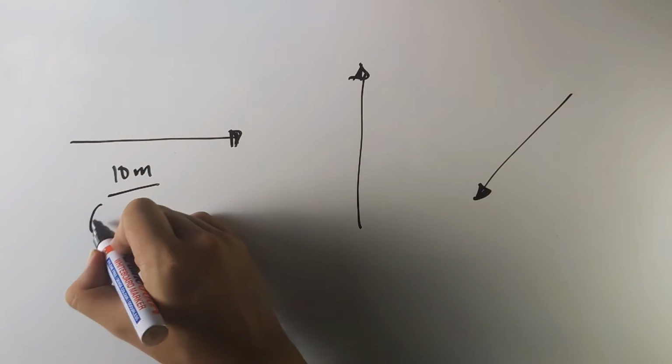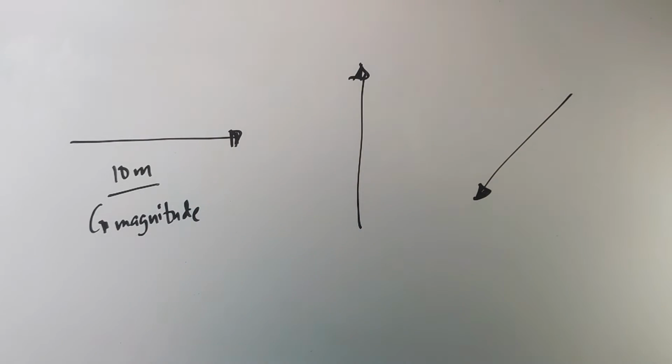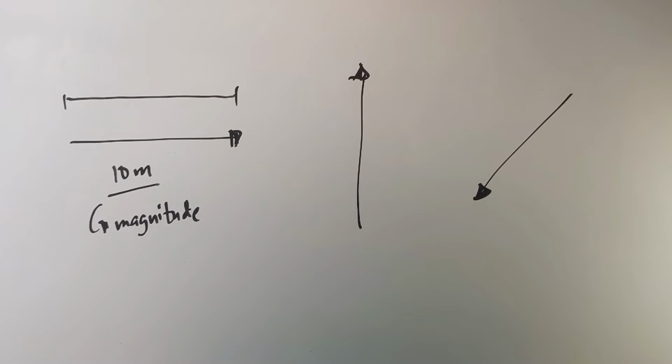So this side is the magnitude, the length, or how long that particular magnitude is. Don't worry, it's just a representation, but it's good that you can somehow estimate the variation between the lengths of the arrows if you're going to represent them.